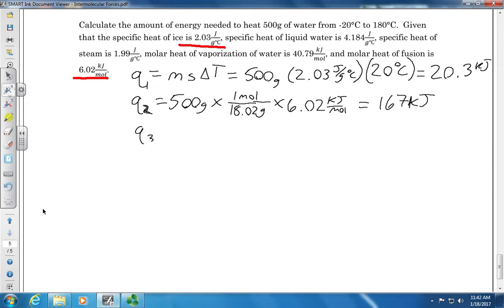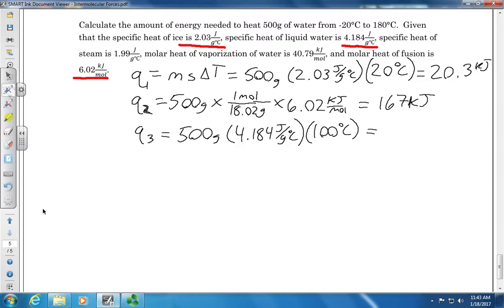For Q3, we're going up from 0 to 100 degrees Celsius. So our delta T will be 100 degrees Celsius. And we're still dealing with 500 grams. And our specific heat for liquid water is 4.184 joules per gram degrees C. And then our change in temperature, as I previously stated, is 100 degrees Celsius.